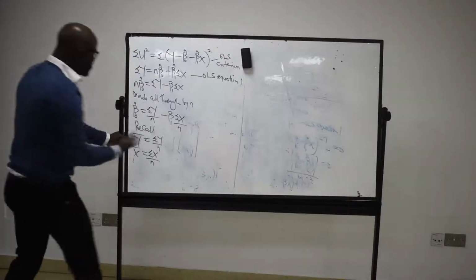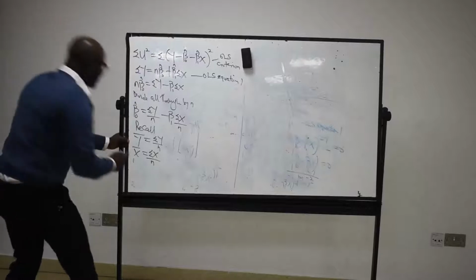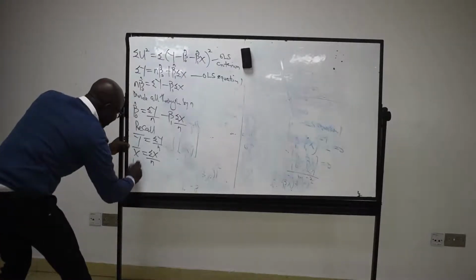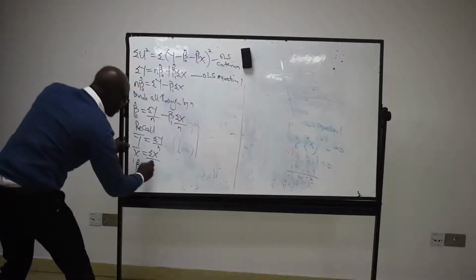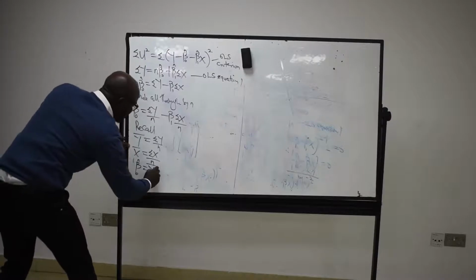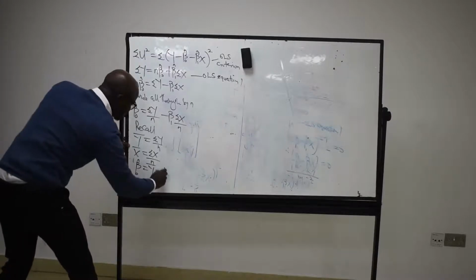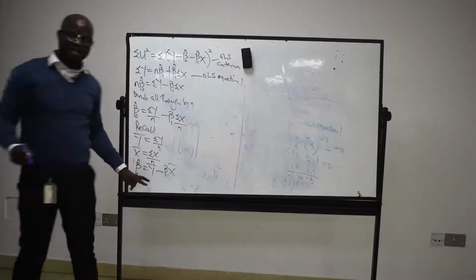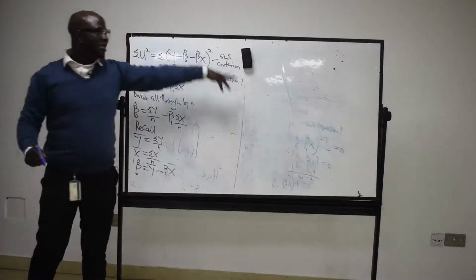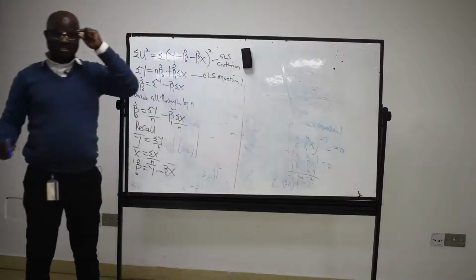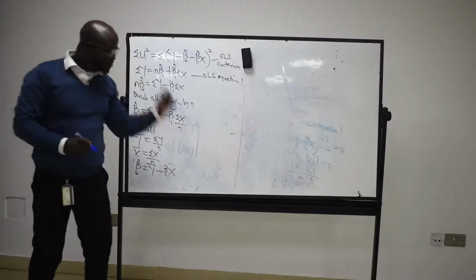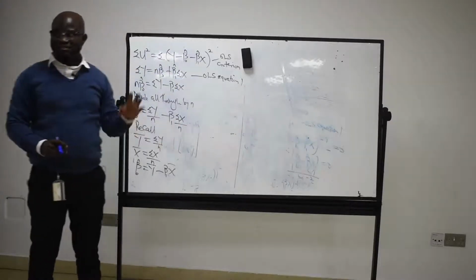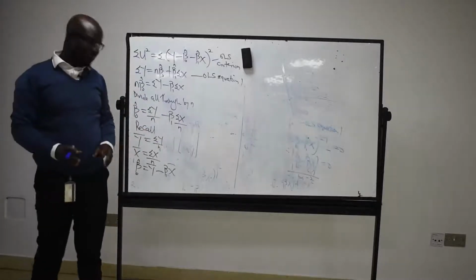So the derivation method for beta naught is beta naught cap is equal to y bar minus beta 1 x bar. Class, if you use this formula and the actual formula given to you, you are expected to get the same thing for simple regression analysis.